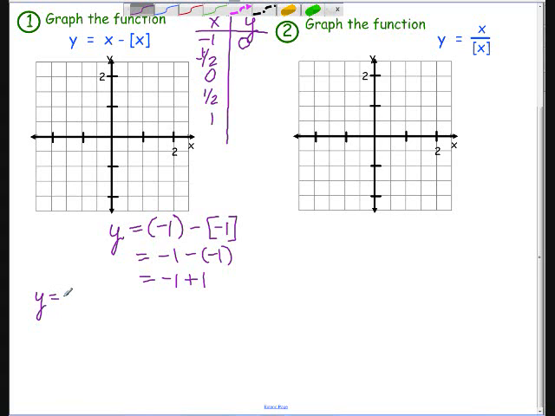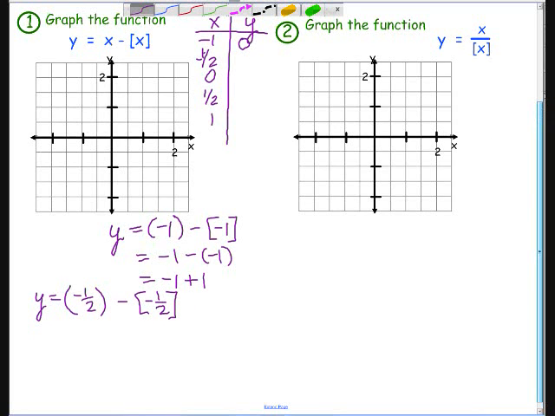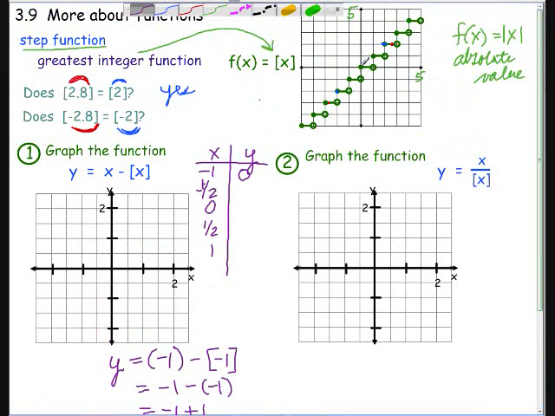What happens when I've got x equals negative 1/2? And now I'm going to subtract the greatest integer for negative 1/2. Let's see what that is. At negative 1/2, what is my output? It's negative 1.